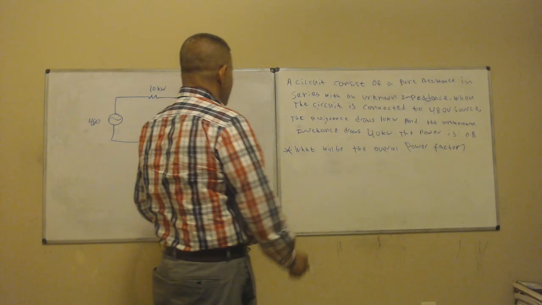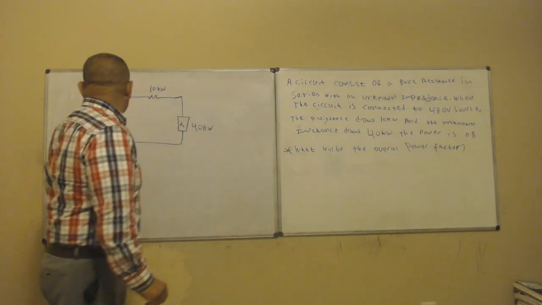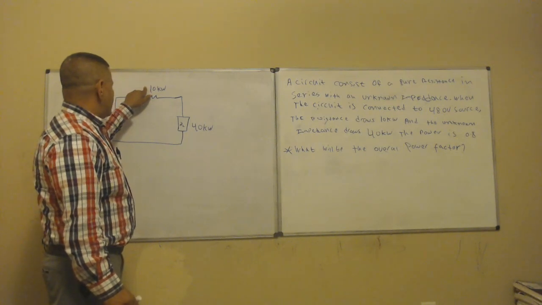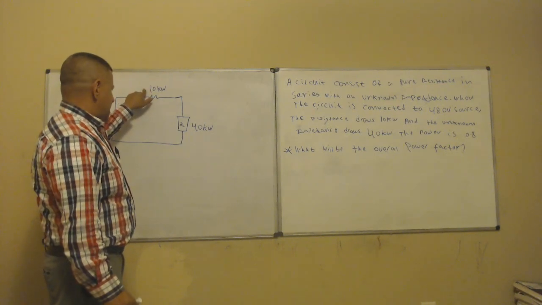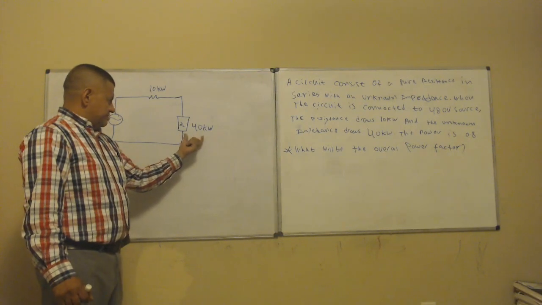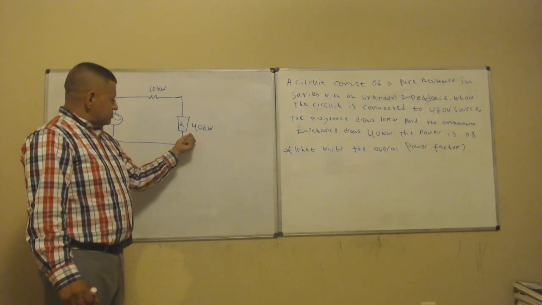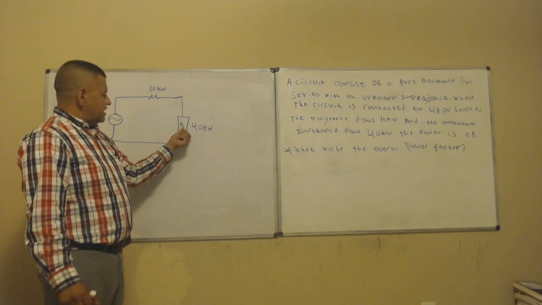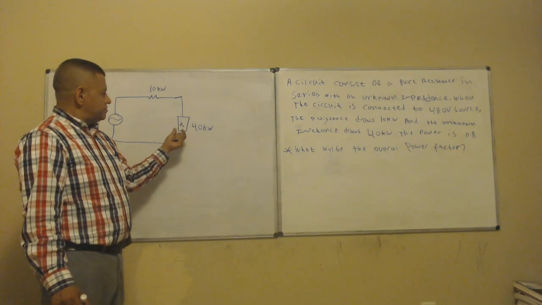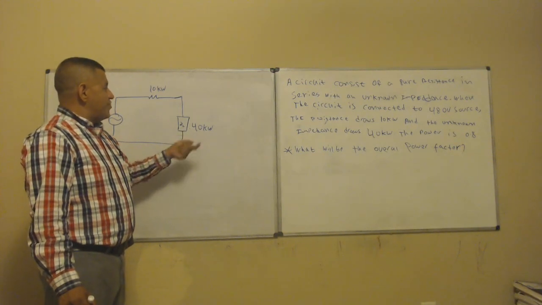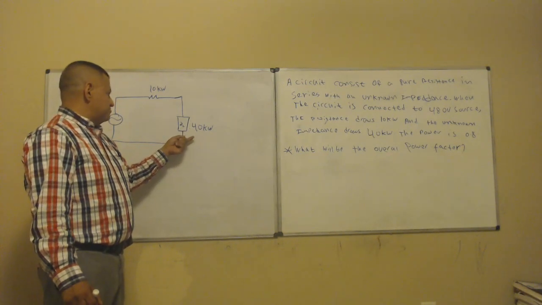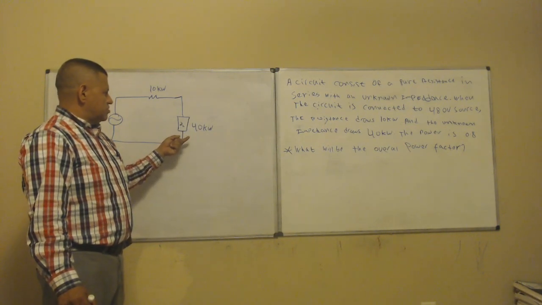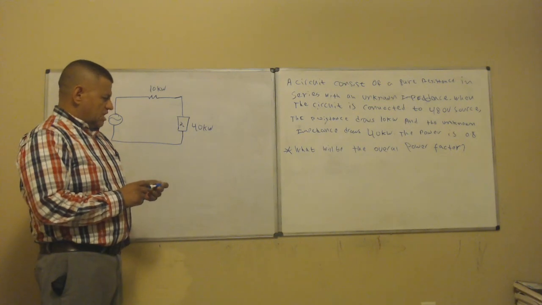Okay, so what is given to us? The voltage and the real power. We're assuming that this is Z load, which means it's an impedance, which in theory will have another power over here, some type of complex power.